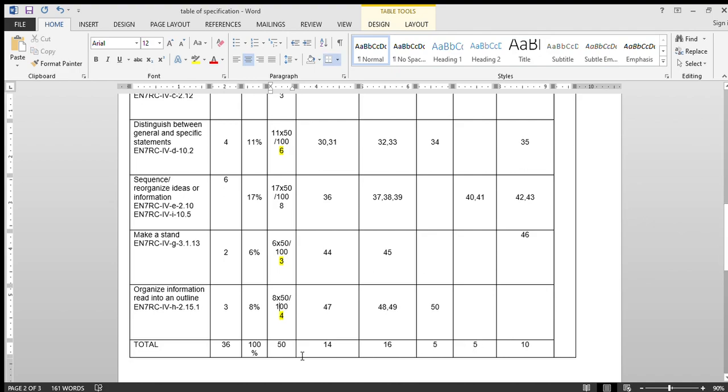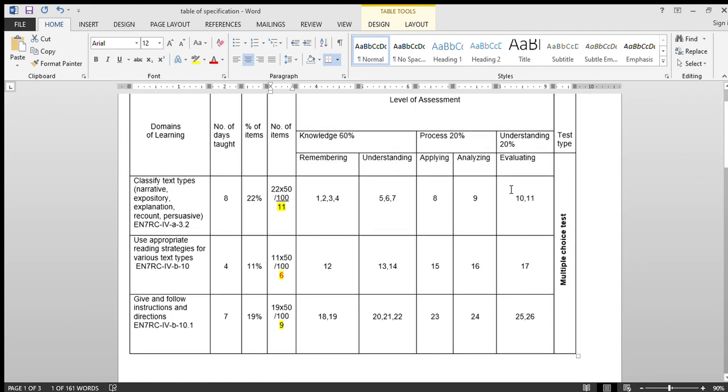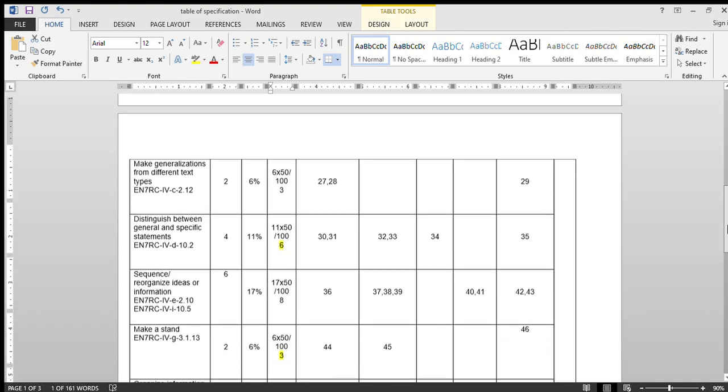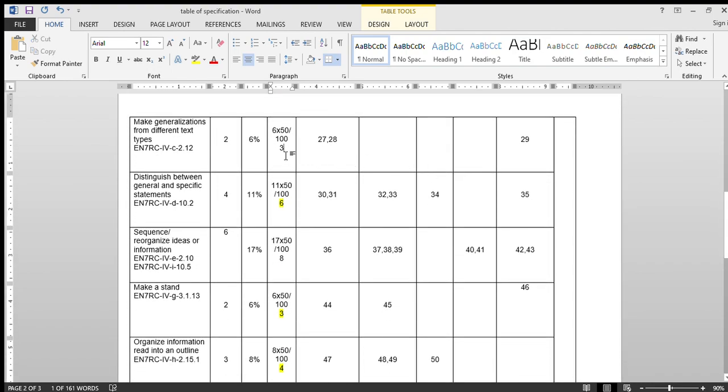Okay, so our total is 50. You are just going to add all the number of items: the 11 plus 6 plus 9 plus 3 plus 6 plus 8 plus 3 plus 4.